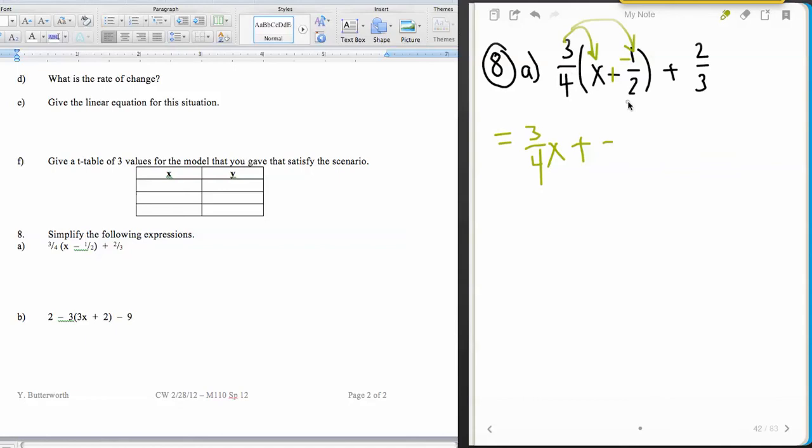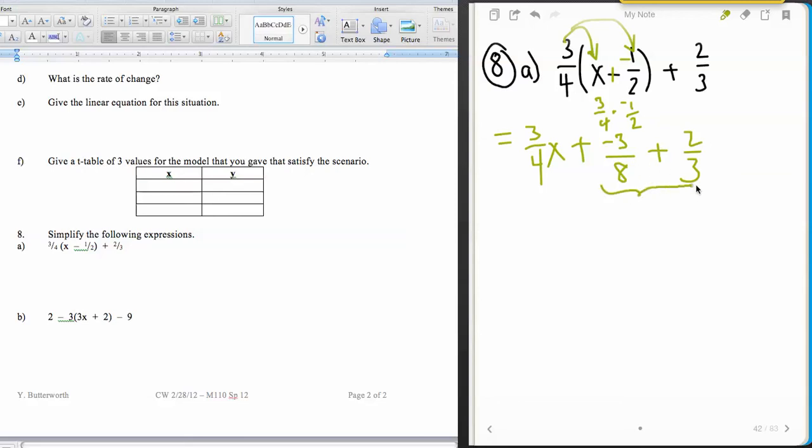There's no canceling that's possible, because remember, really what we're doing is 3/4 times negative 1/2 here, and so we're multiplying fractions, which of course we look for canceling numerator denominators, but there is no canceling, so multiplying straight across, giving us 3 in the numerator, and multiplying straight across, which gives us 8 in the denominators. And then plus the 2/3, because remember, when the parentheses end, our distributive property ends.